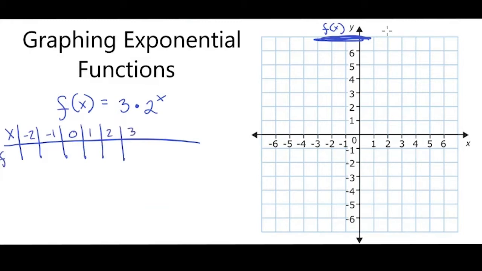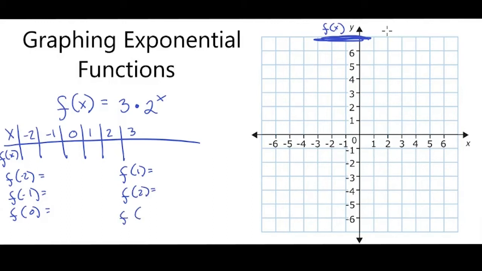All right, so write f of x down here. So we'll say f of -2 equals, f of -1 equals, f of 0 equals here, and f of 1 equals, f of 2 equals, and f of 3 equals.